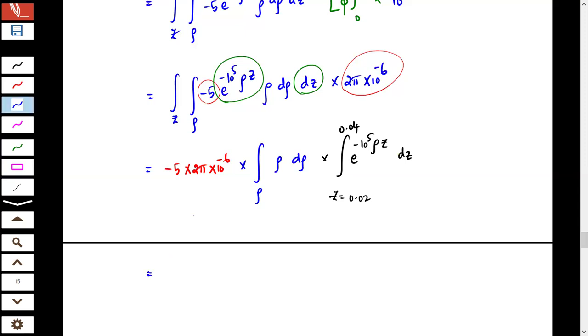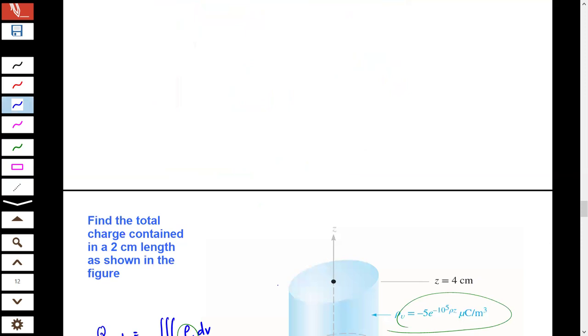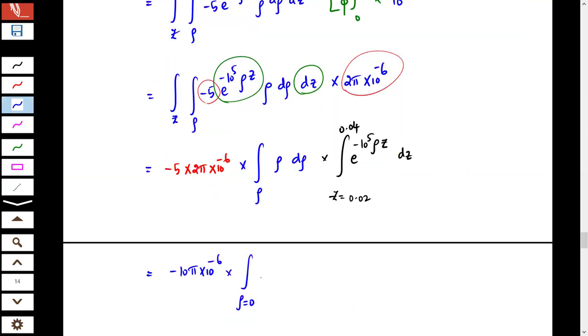So this minus 5 into 2 pi, I can write minus 10 pi into 10 power minus 6. Rho is changing from 0 to 0.01, rho d rho. Then this has to be integrated with respect to z.